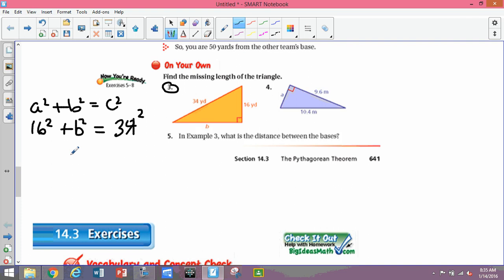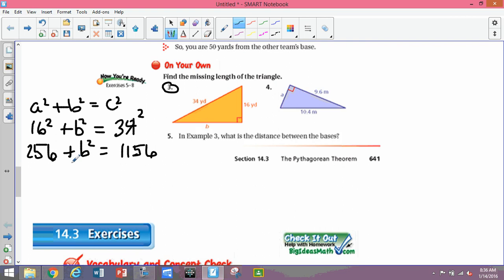Okay, so now you have to square your numbers that you have. So 16 squared is 256. Bring down your b squared, plus b squared equals 34 squared, which is 1,156.